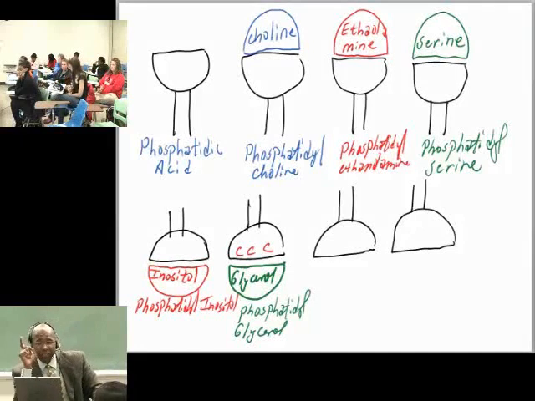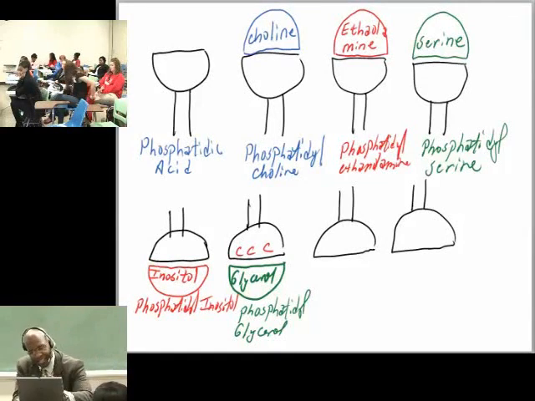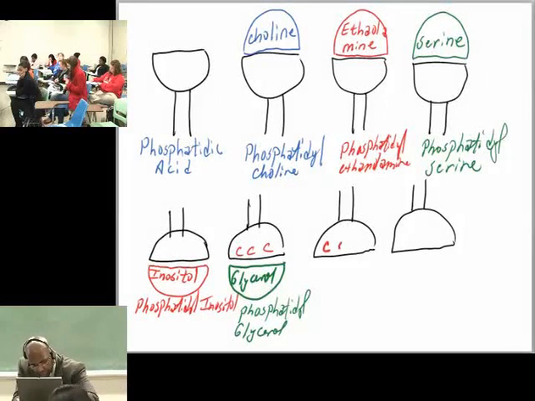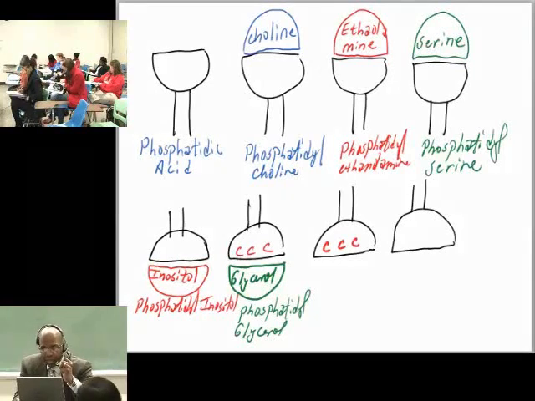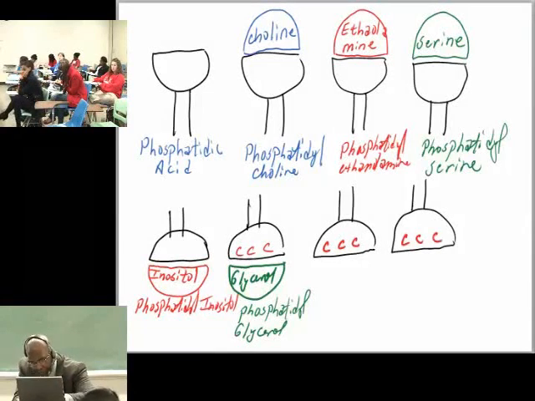Now this next phospholipid is going to be the strangest thing you've ever seen in life. Well, maybe not. I guess I'm making it more dramatic than it really is. But now, I'm going to put here 3 C's, 1, 2, 3. What's that 3-carbon compound in phosphatidic acid? Glycerol. I'm going to put one here, 1, 2, 3. What's the name of that one? Glycerol. But we're going to do something very strange here.